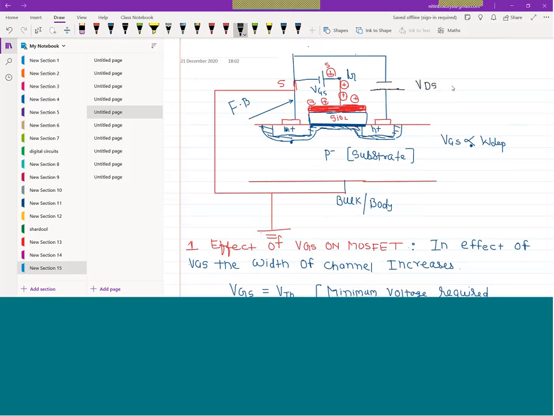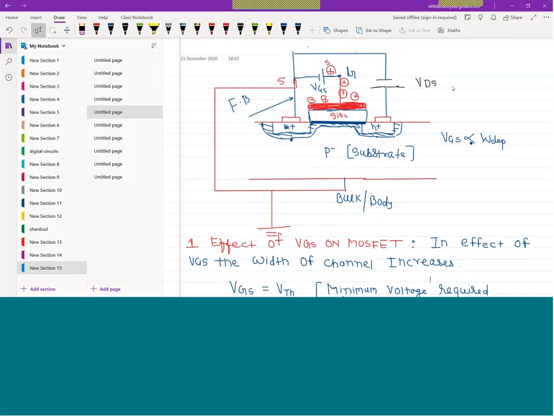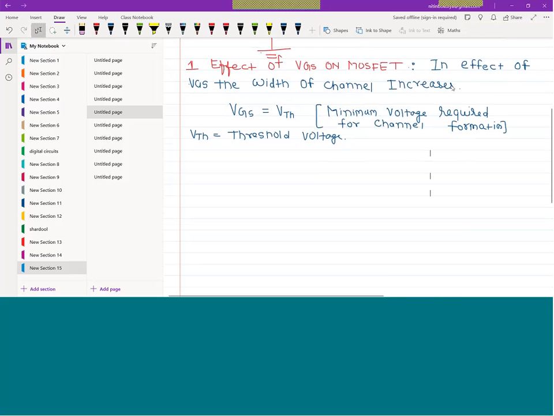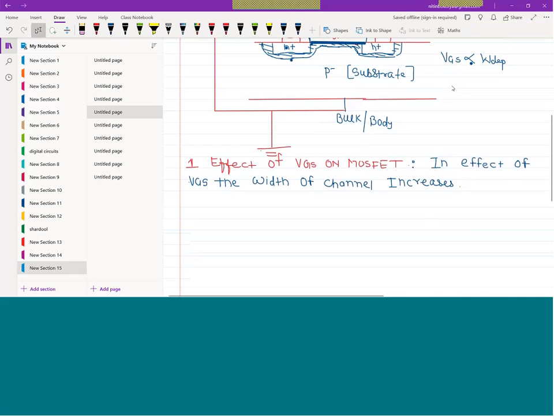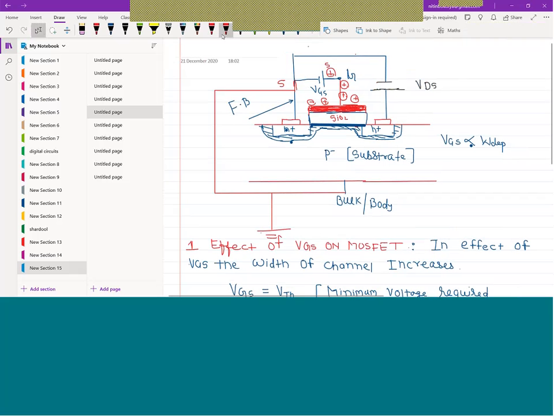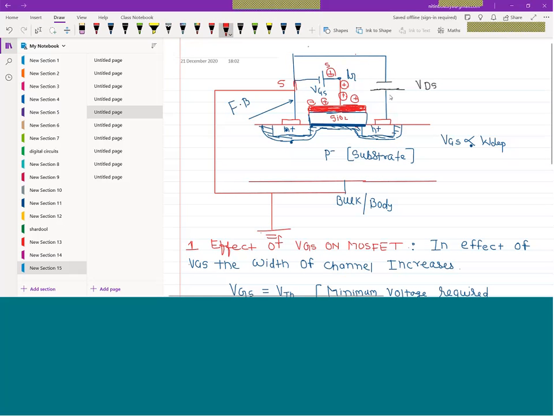So first junction forward bias and second junction reverse bias. And what is the effect of increasing VDS? This terminal will supply the positive charge carriers, and a current will form because of VDS, from drain to source. So we can say this is IDS.